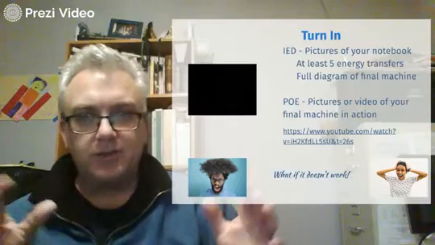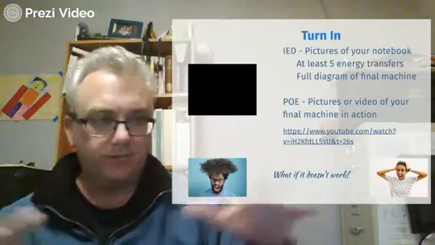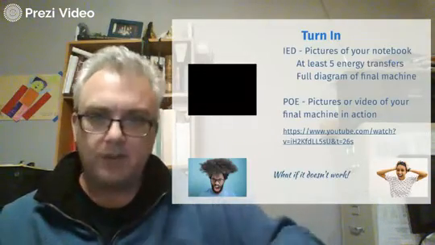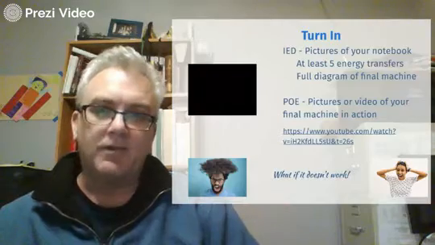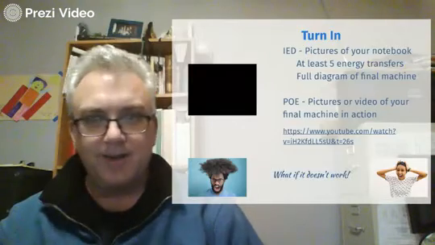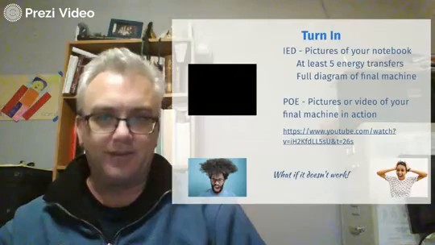Do what you think will work. If you just can't get it to work and you're pulling your hair out and your parents are going crazy because you commandeered the kitchen or whatever, don't worry about it. Disassemble it. Tell me why you think it didn't work, right? Get some pictures, get some videos. Tell me what happened. Tell me why it didn't work. It's okay. I'm still going to give you a grade for it. If you gave it a really good try, it's all good.